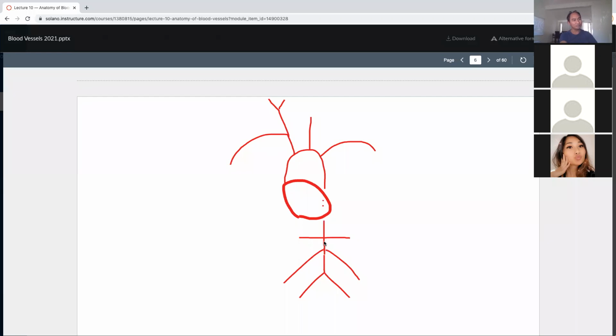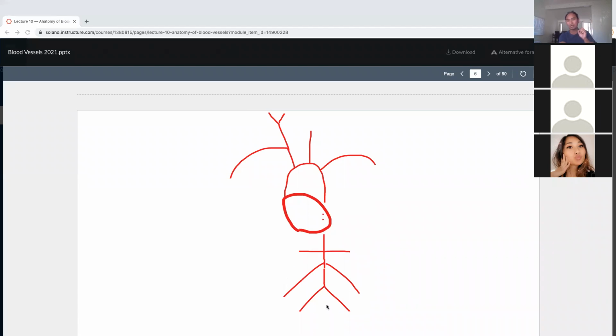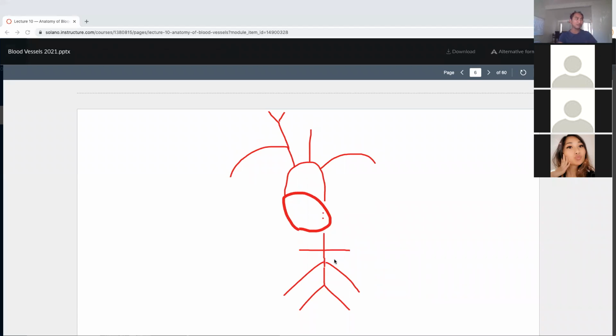And remember, paired artery means right side and left side. So in the abdominal aorta, the paired arteries are renal arteries for the kidney.